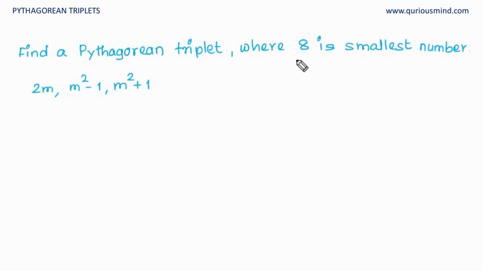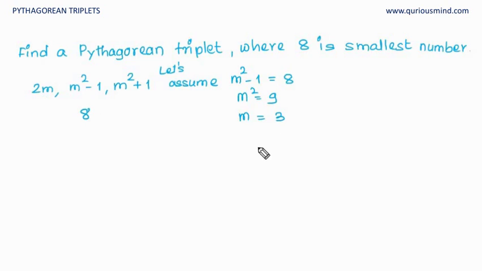Now we have 8. Let's assume that m square minus 1 is equal to 8. In that case, m square would be, minus 1 goes that side, becomes 9, and hence m is equal to 3. So we got m square minus 1 as 8. M is 3.